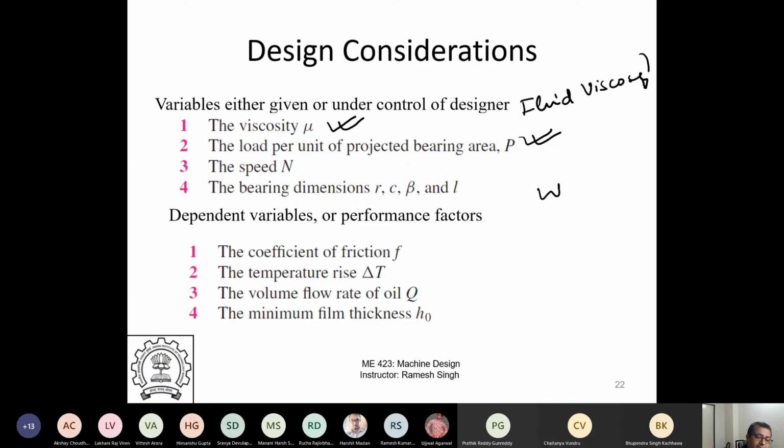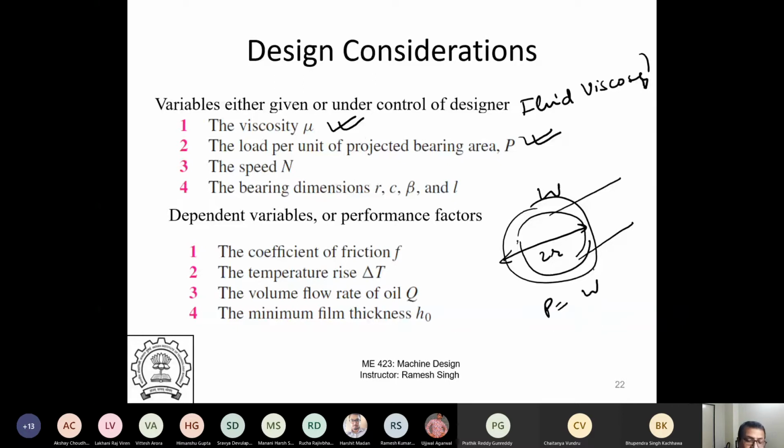and it is projected over, say, this is my shaft and this is my sleeve. If the sleeve is 2R, then P will be W over 2RL, where L is the length of the support.